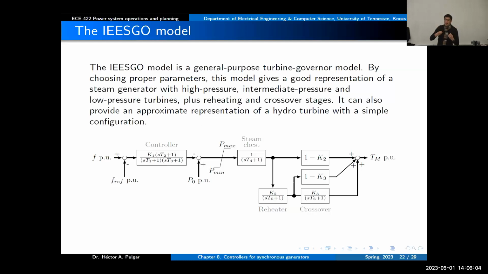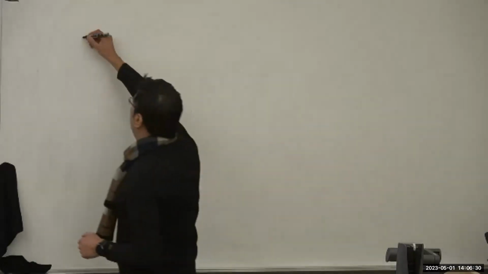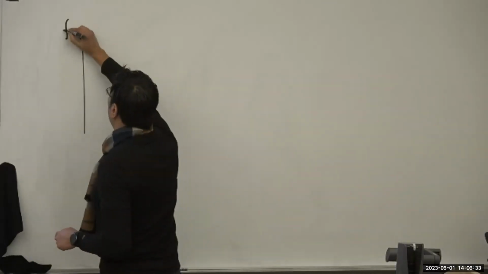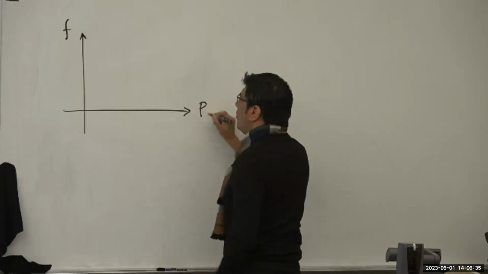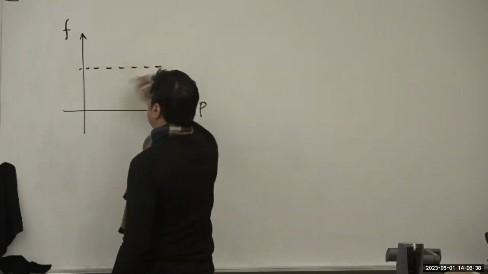And we want to determine how the power will be increased in each generator. So the droop control will give you that linear relationship, and it's going to be proportional to the frequency deviation. And that is exactly what we have here in a steady state. That's the inverse of K. So what we have for the droop characteristic, we have the frequency and we have the power from a given generator.